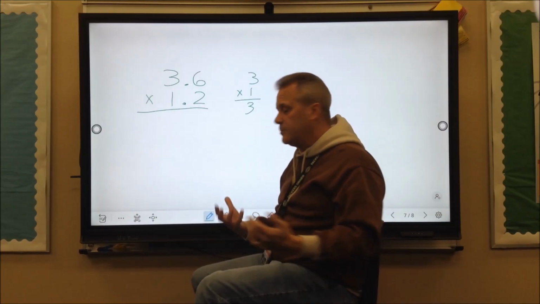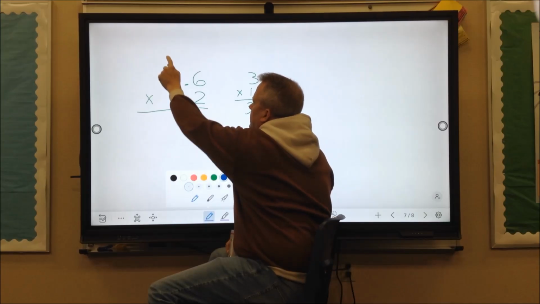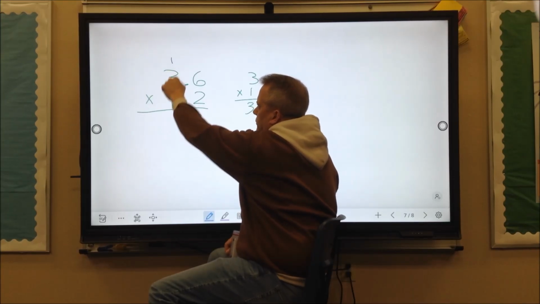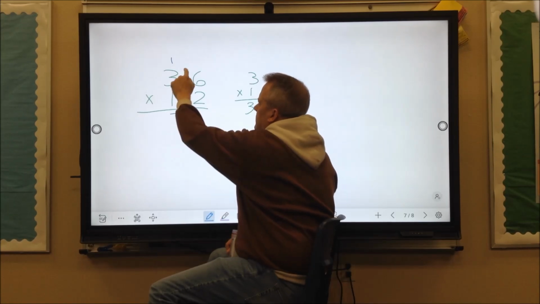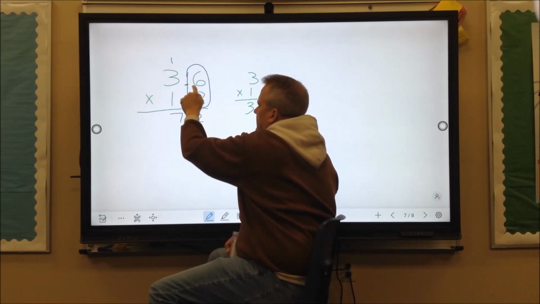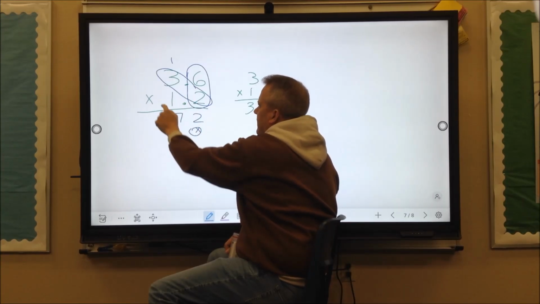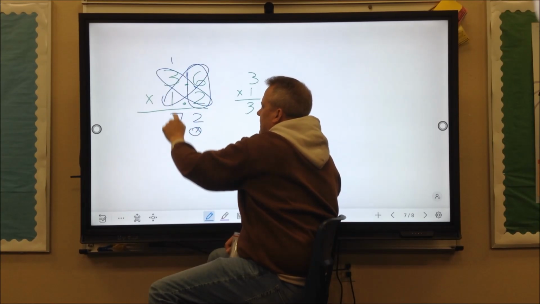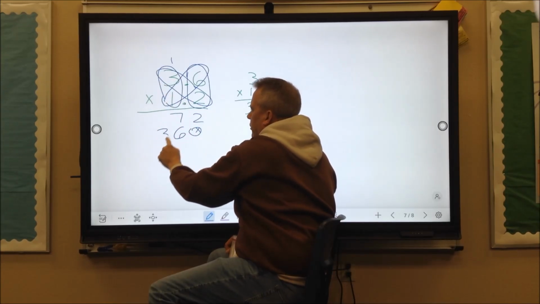So if I do this problem very quickly, the standard algorithm way, 6 times 2 is 12, put down the 2, carry the 1, 3 times 2 is 6, plus 1 is 7. So I just got done doing all of this and all of this. Now let's go to my tens place. 1 times 6, 6. 1 times 3, 3.